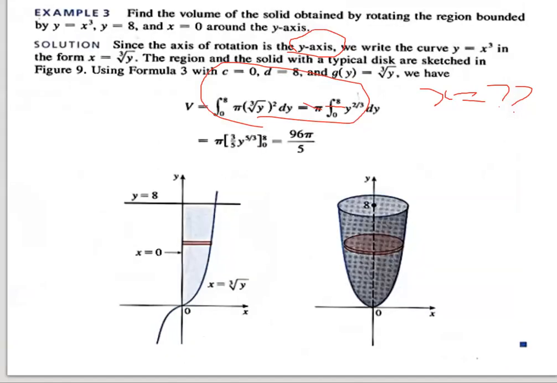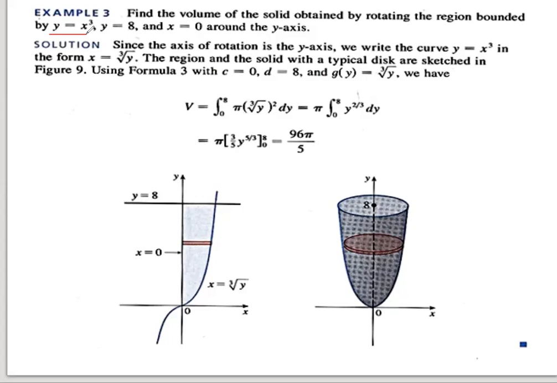As an example, look at this one. You have the function y equals x cubed. You rotate it around the y-axis, and a solid is created.